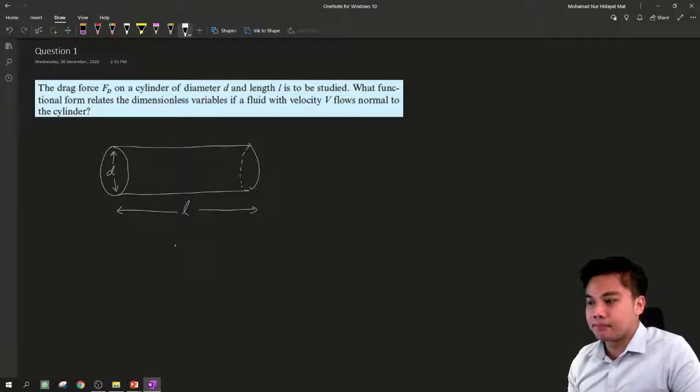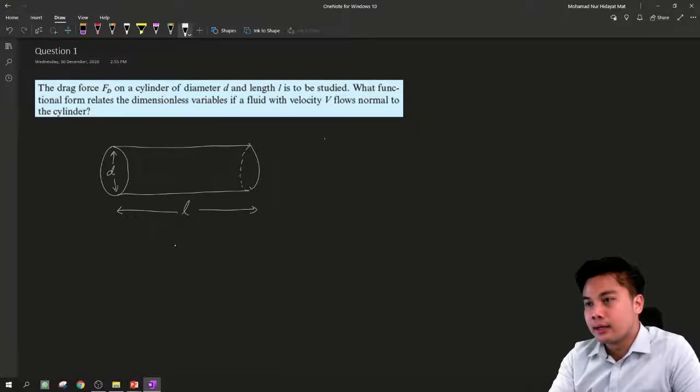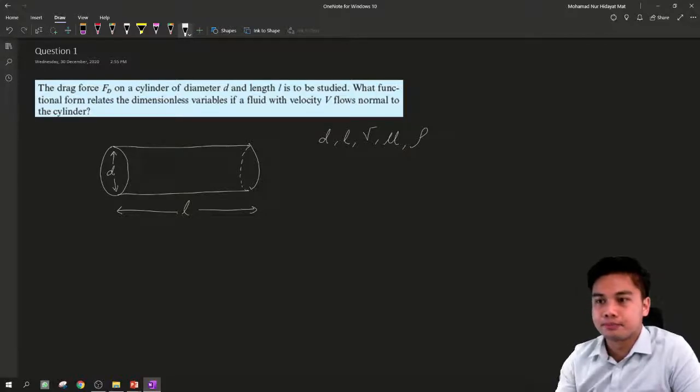In this example, we will include not only the diameter and length, but also the velocity, the dynamic viscosity mu, and rho, the density of the fluid, as these parameters influence the drag force.